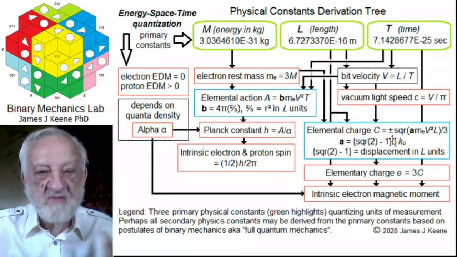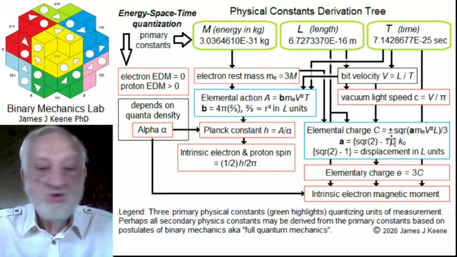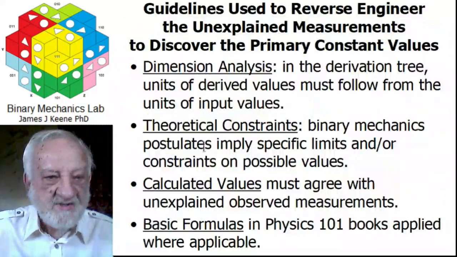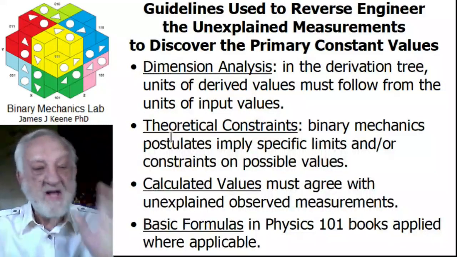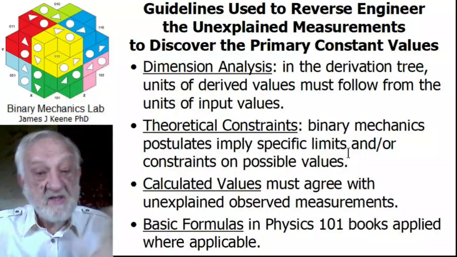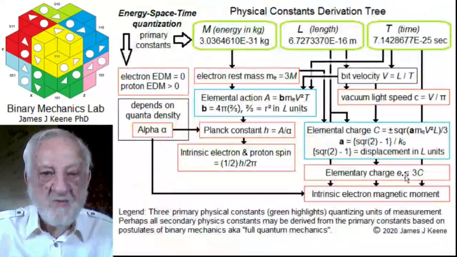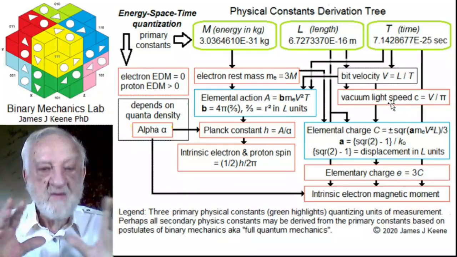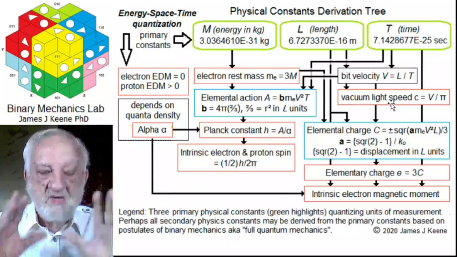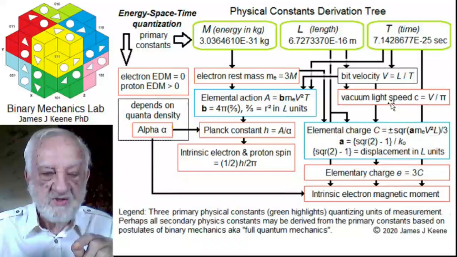Likewise, the units of elementary charge are energy times length, or joule-length. Second, we have theoretical constraints. Binary mechanics postulates imply specific limits and/or constraints on possible values. An easy one is the speed of light. If you look at the spot cube model of space in binary mechanics, a unit of energy cannot just move in any arbitrary direction.